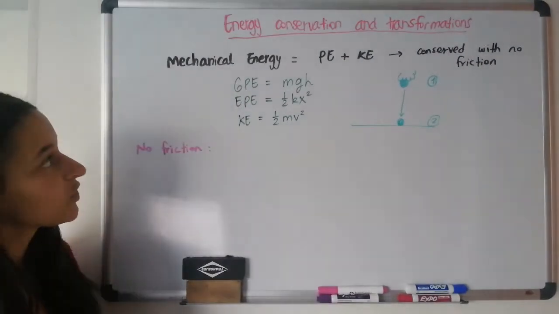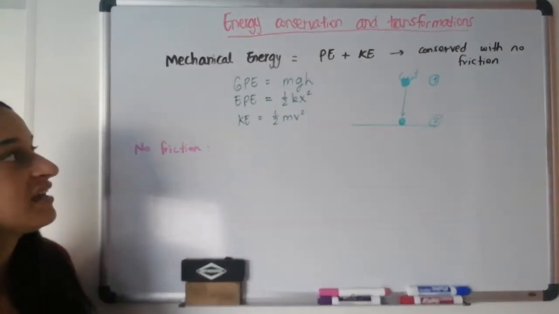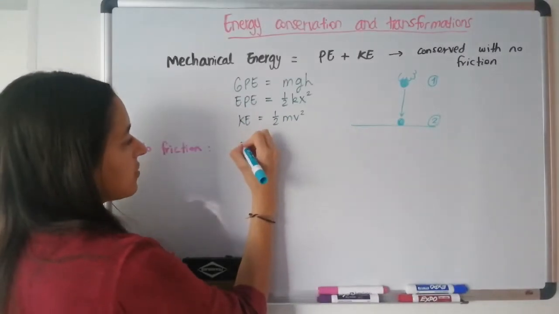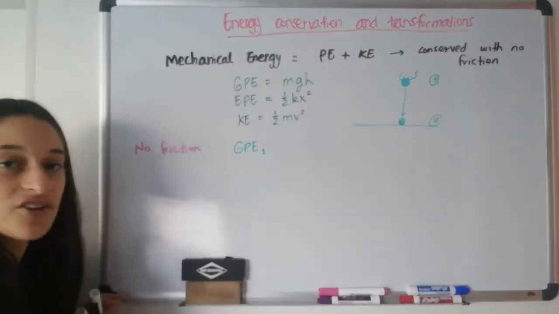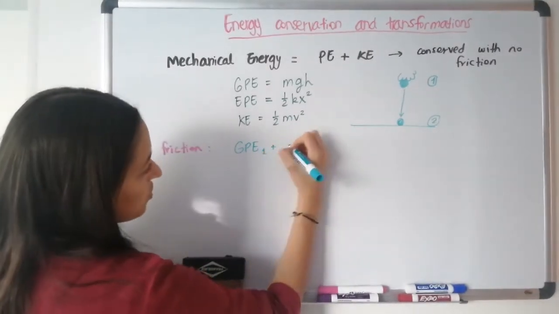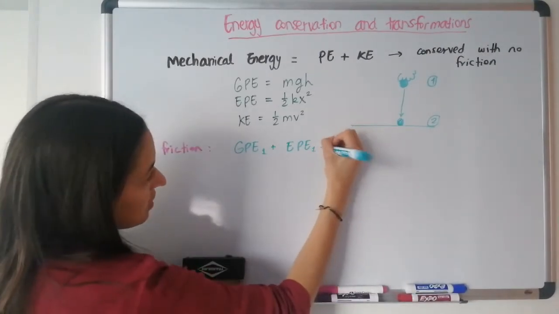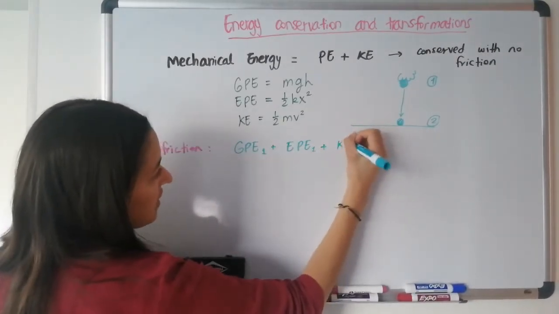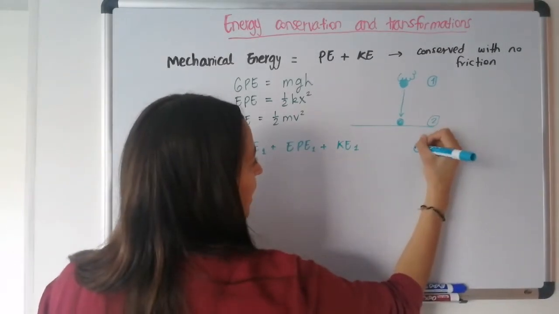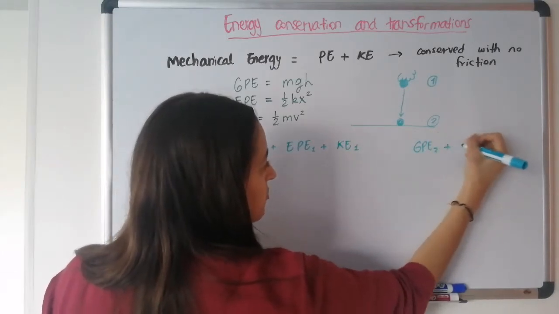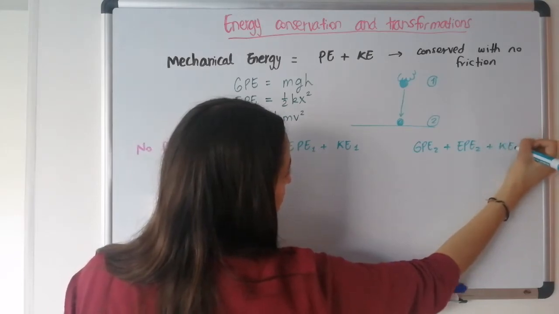So situation 1 is going to have a mechanical energy given by its GPE, EPE, and KE. So we're going to have GPE1, which means the gravitational potential energy of situation 1. We're also going to have some EPE1, maybe, in this case we don't, but in general, and some KE1. And when we get to situation 2, we're going to have our GPE2 plus our EPE2 plus our KE2.